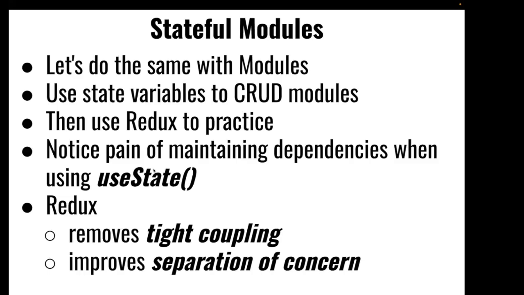What I want you to see is how cumbersome it is for multiple components to integrate and talk to one another by passing data through their properties, and also passing functions so that they are calling back.